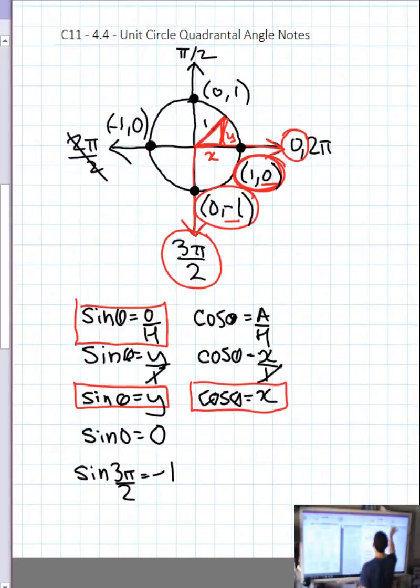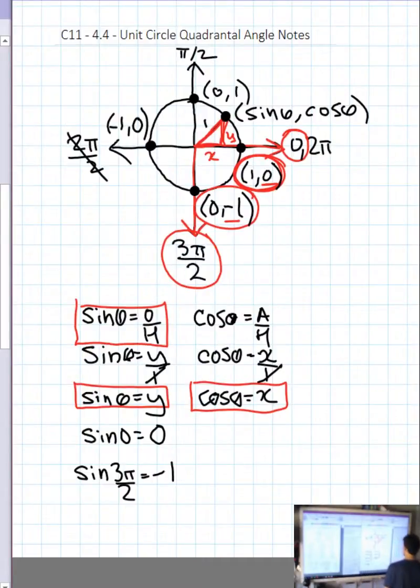So now I'm going to put the point on the triangle. Well, I know that point is simply sine theta, comma, cos theta. Now I don't know what the angle is, but every single point on the unit circle is sine theta, comma, cos theta. Oh my gosh, I wrote it backwards.